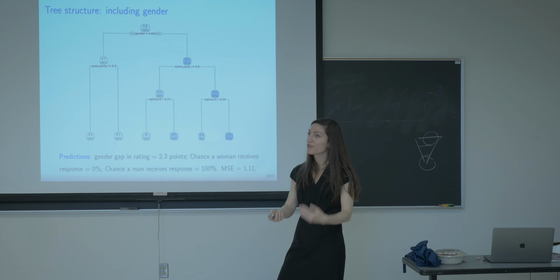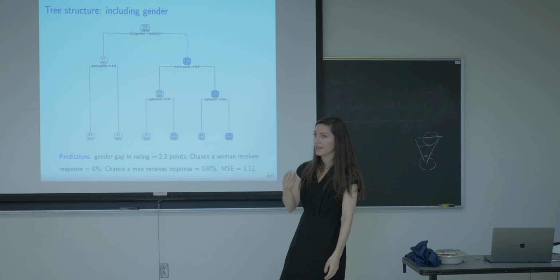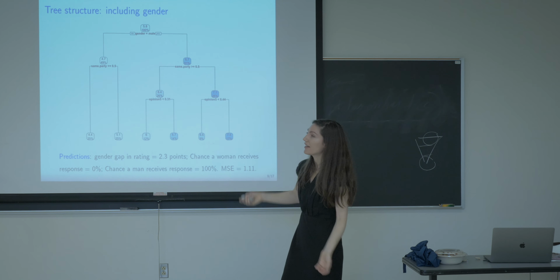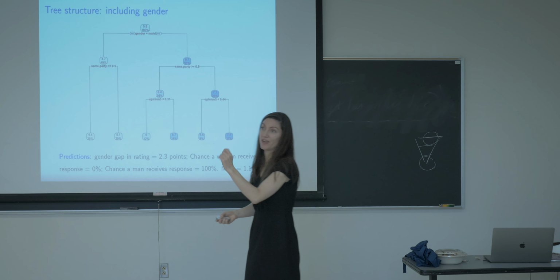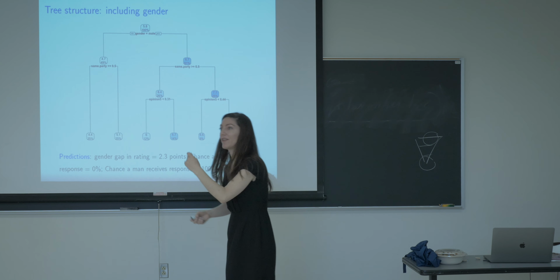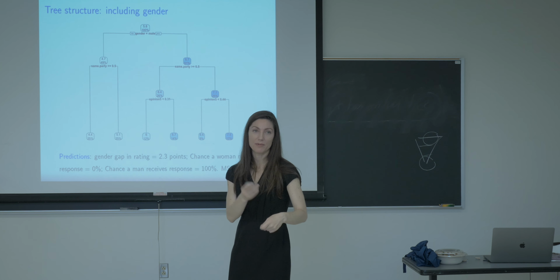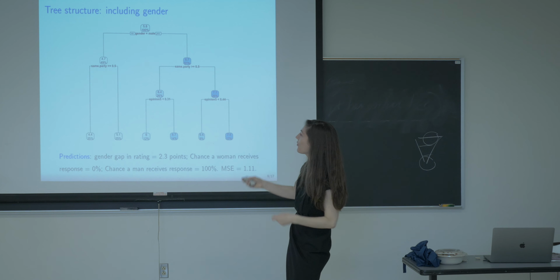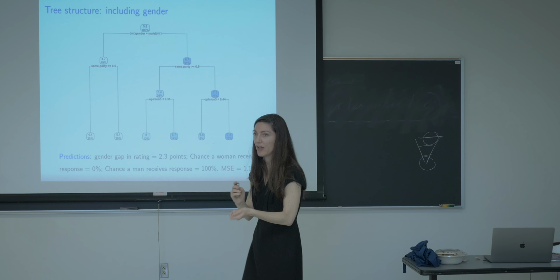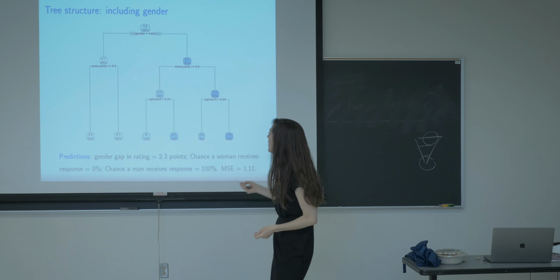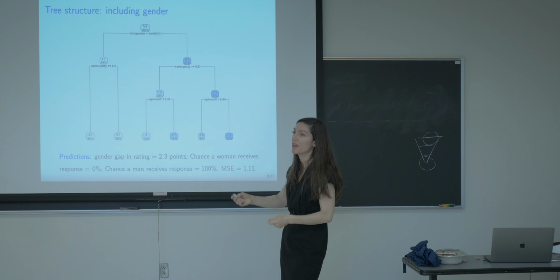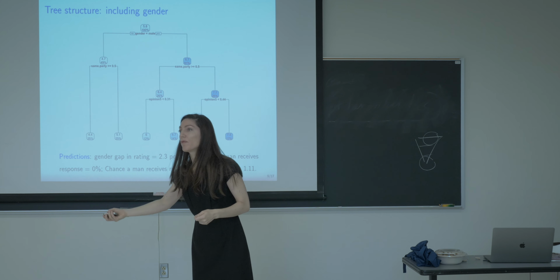Okay, so if you grow a single tree on the synthetic data I described before, the first thing the algorithm does is zero in on gender, because it realizes that gender was highly correlated with whether people received a response in the past. Then among men, it further splits the data based on sharing the party identification with the legislator. And then among men who share the party identification with the legislator, it further splits the data based on position on the women's issue.